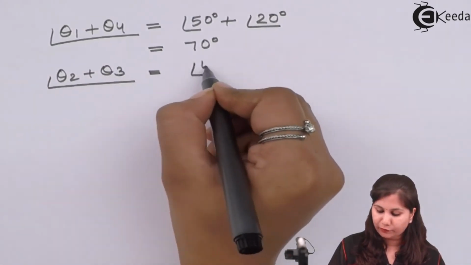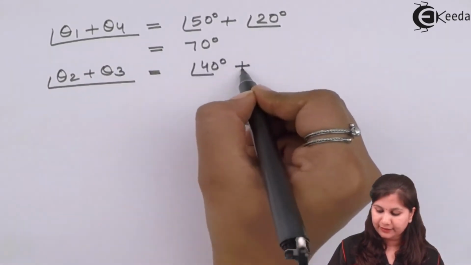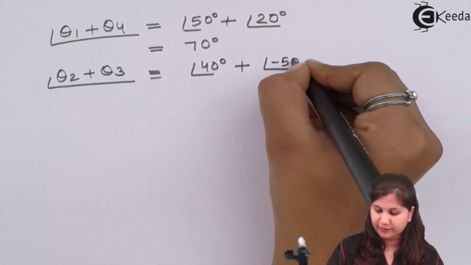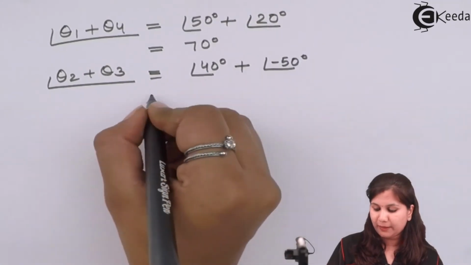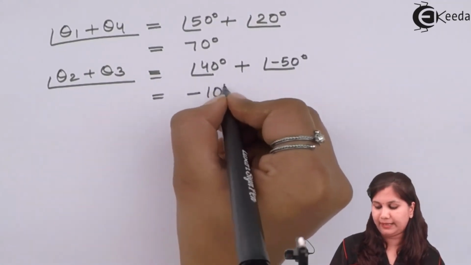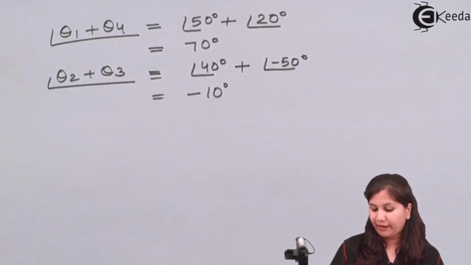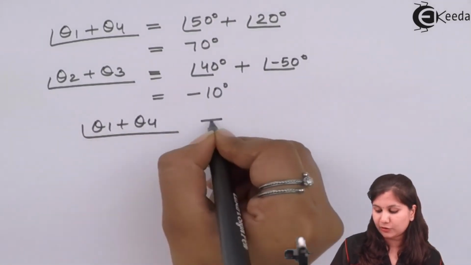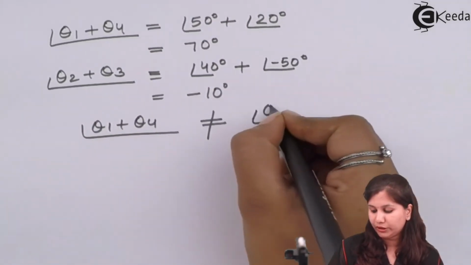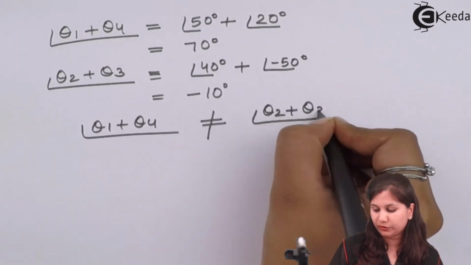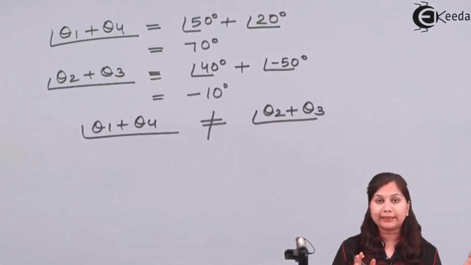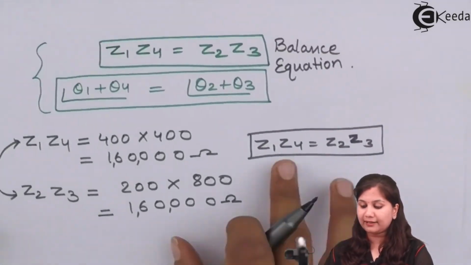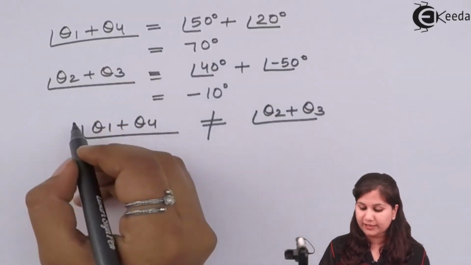Theta 2 is 40 degrees and theta 3 is minus 50 degrees, so it comes out to be minus 10 degrees. So we have found that theta 1 plus theta 4 is not equal to theta 2 plus theta 3. So the magnitude balance equation is satisfied, but the phase angle equation is not satisfied.